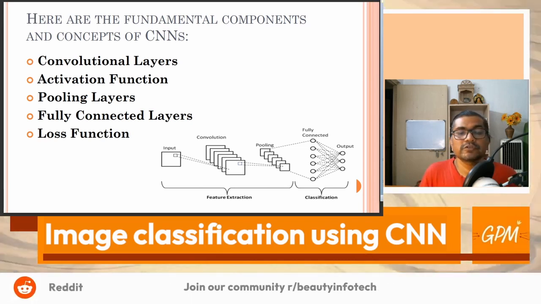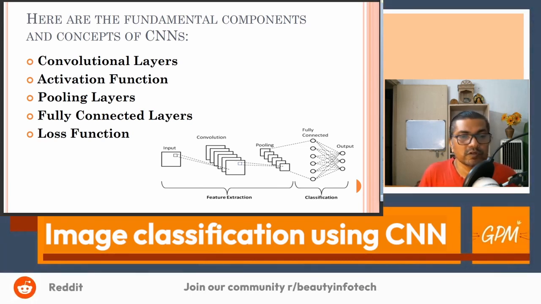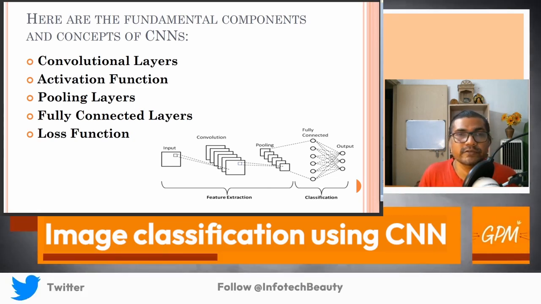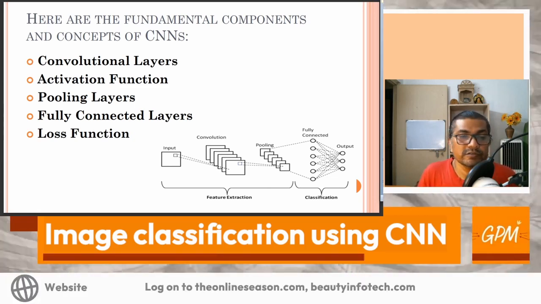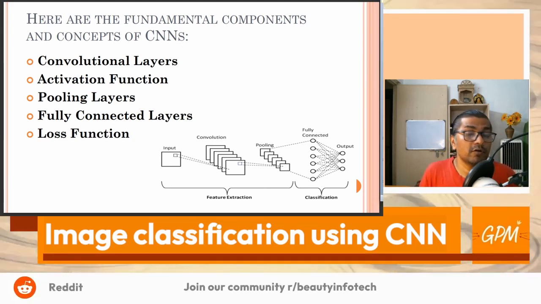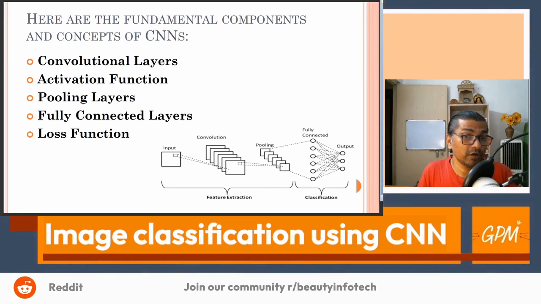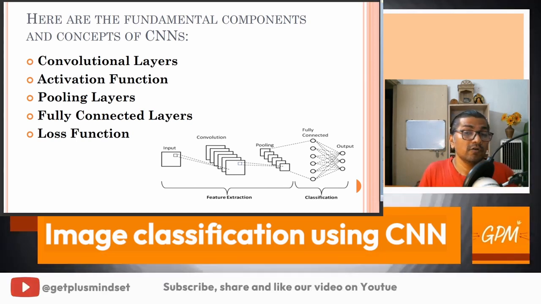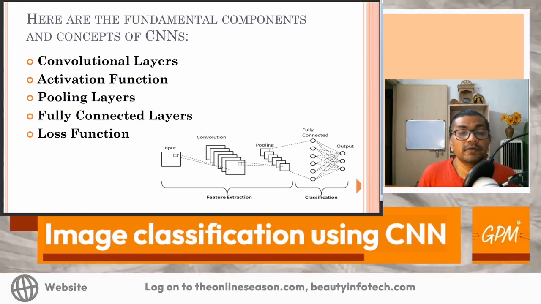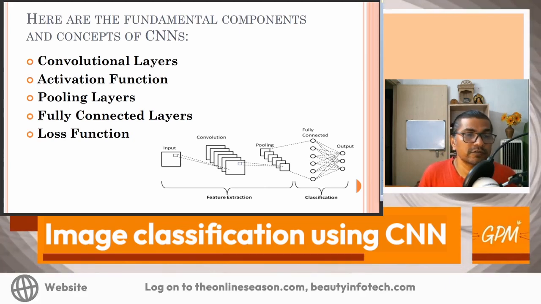The learning process of a convolutional neural network involves forward propagation, where the input data passes through layers to generate predictions, and backward propagation. What is backward propagation? In backward propagation, the model learns from the errors and updates the weights of the filters to minimize the loss function.